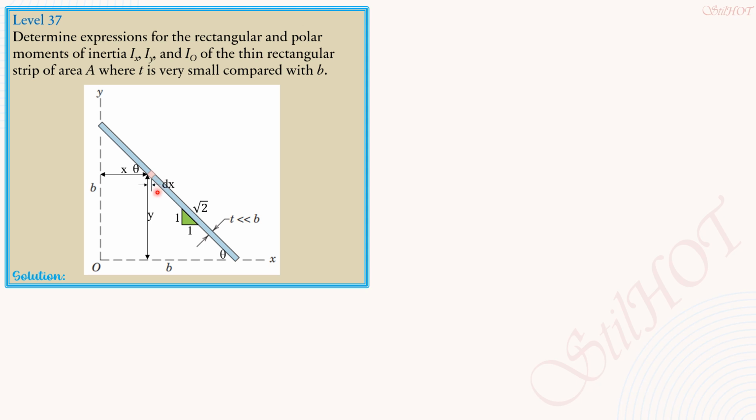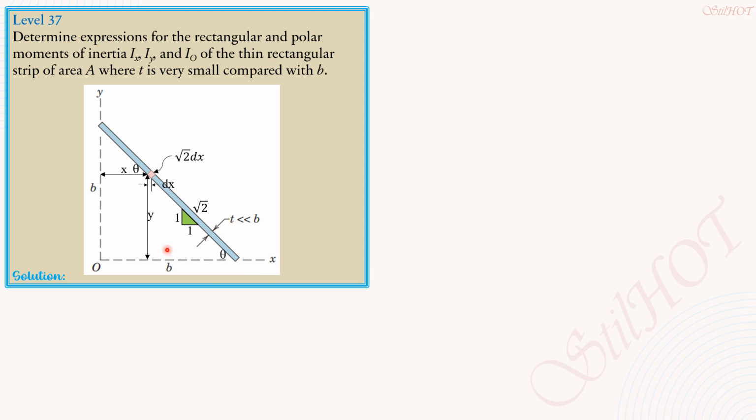If the horizontal projection of this inclined strip is dx, the vertical projection is also dx because of this 1, 1. Therefore the inclined dimension in terms of dx is square root of dx squared plus dx squared, the square root of 2 dx as shown. So the differential area is square root of 2 dx times the thickness t.